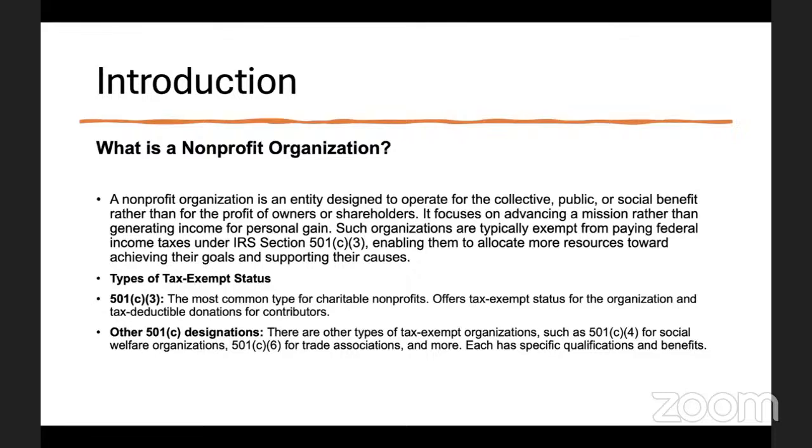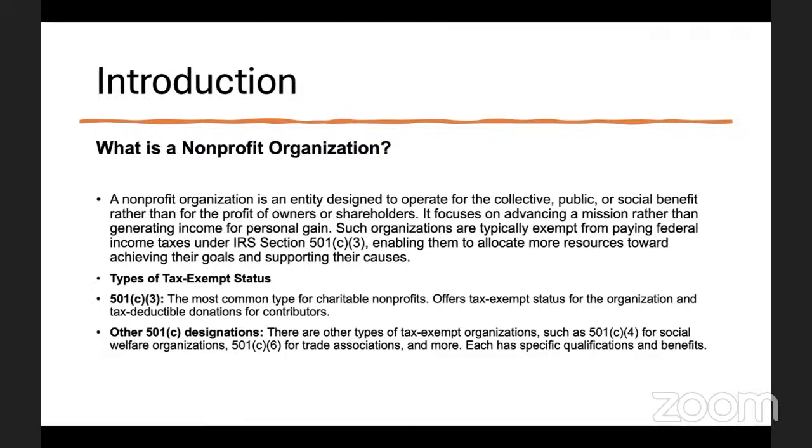We're going to start by just introducing it. A nonprofit organization is an entity designed to operate for the collective public or social benefit rather than the profits of the owners or shareholders. It focuses on advancing a mission rather than generating income or personal gain.